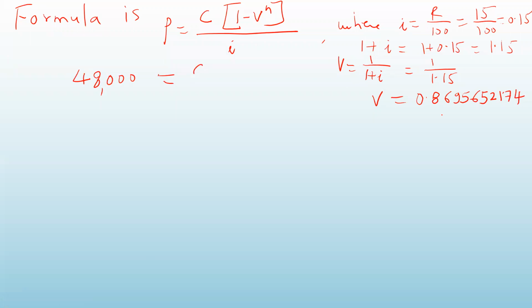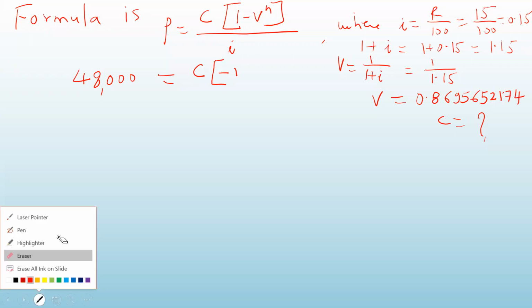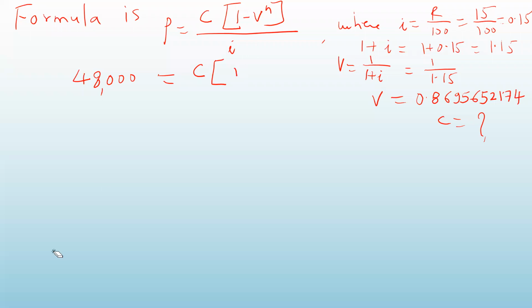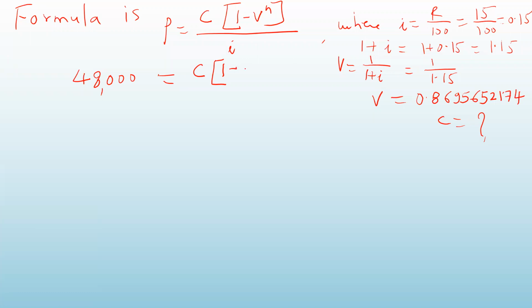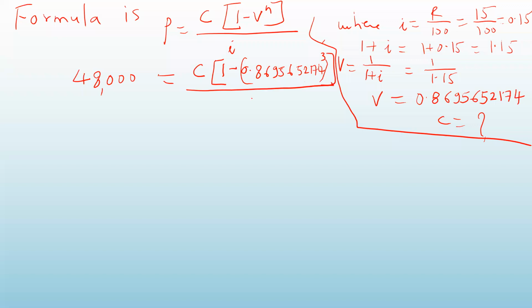C you have to find out, C you have to calculate, the amount of each installment. 1 minus V to the power N. V is 0.8695652174, this raised to power 3, divided by I, which is 0.15.